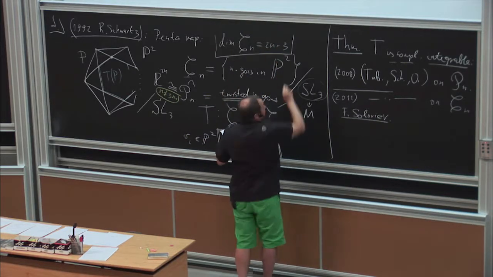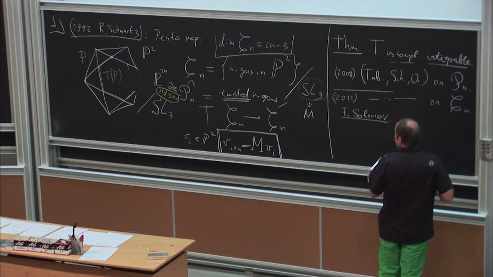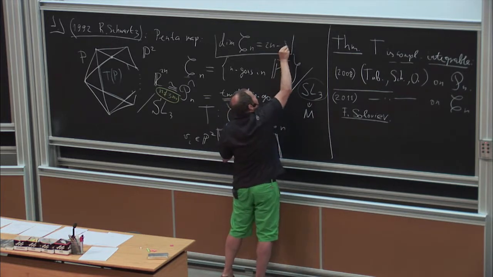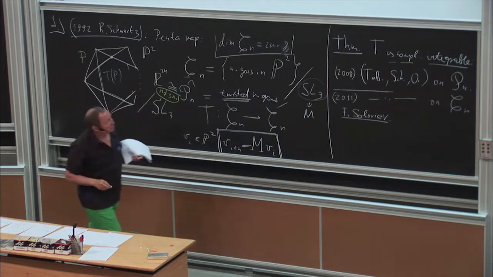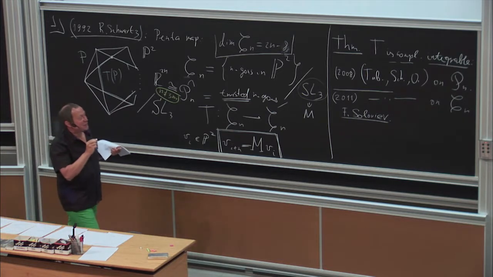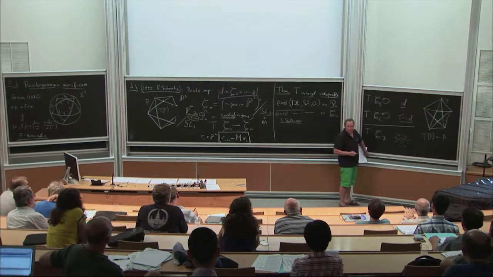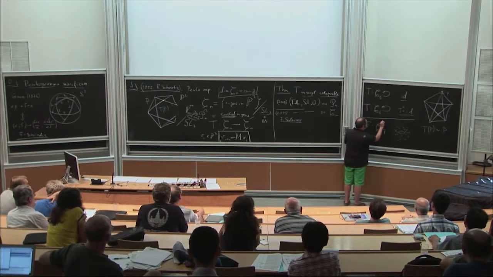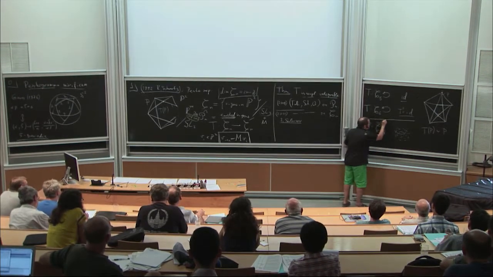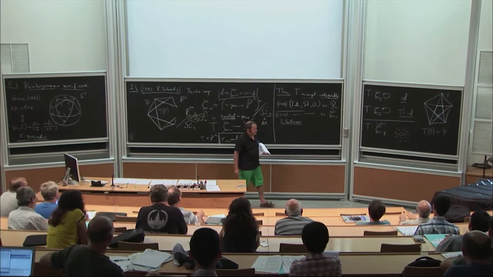And here, 2n minus 8. So 14 minus 8 is 6. So it is a 6-dimensional discrete dynamical system here.